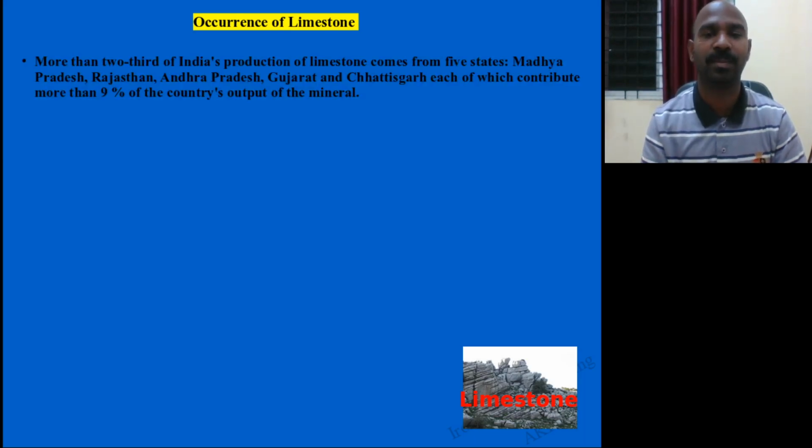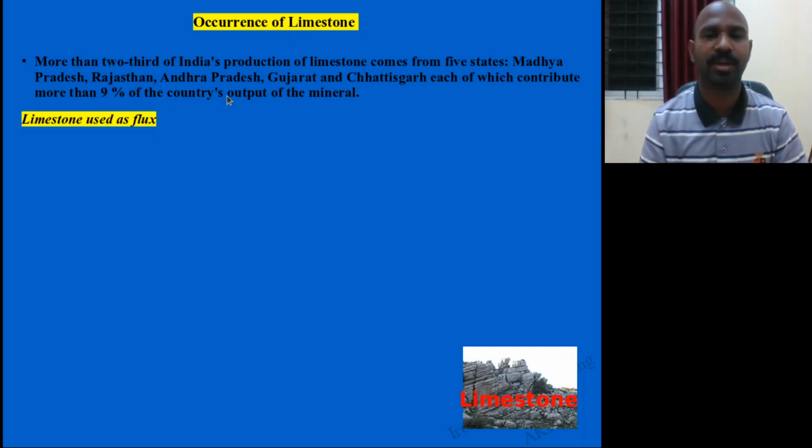Now let me talk about limestone occurrence. More than 2/3 of the limestone production is found in 5 states: Madhya Pradesh, Rajasthan, Andhra Pradesh, Gujarat and Chhattisgarh, and together they contribute around 99 percentage of the limestone.